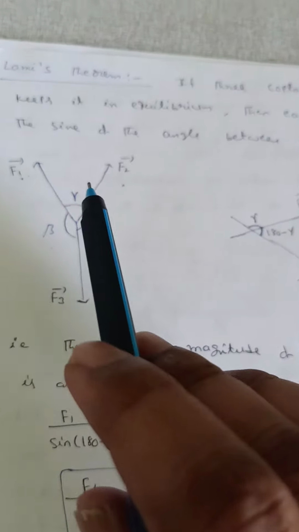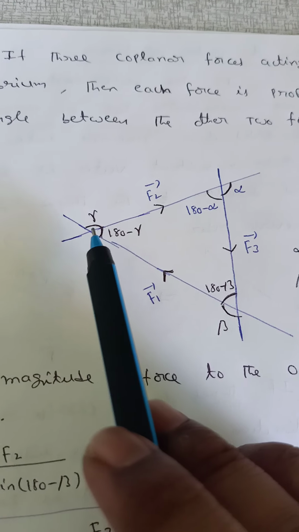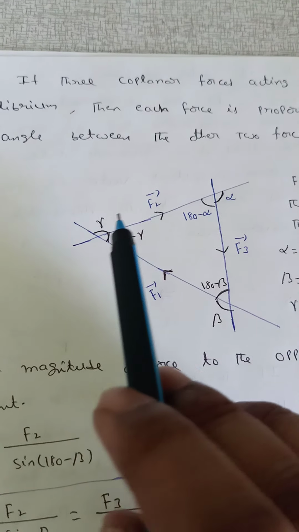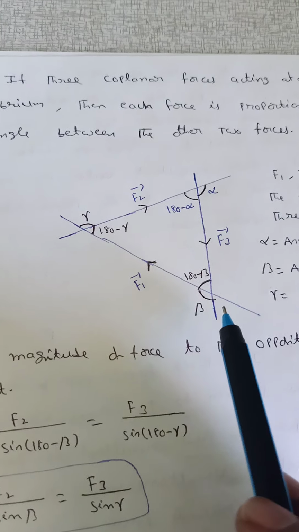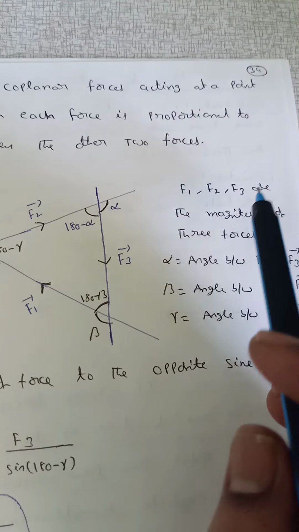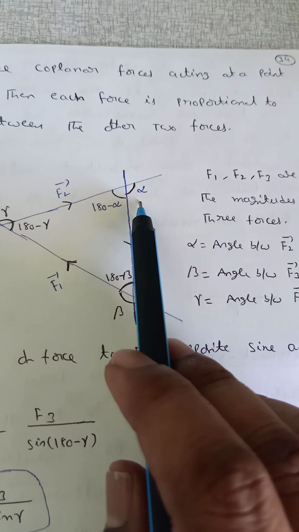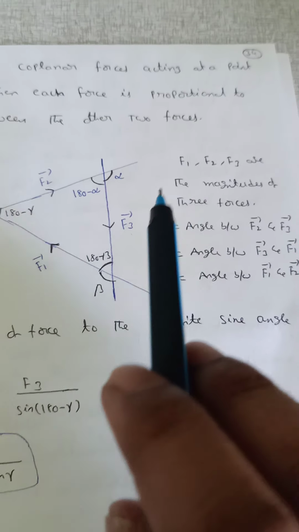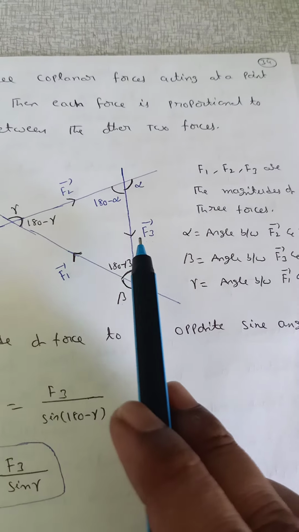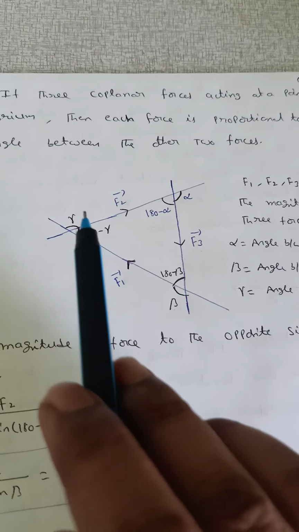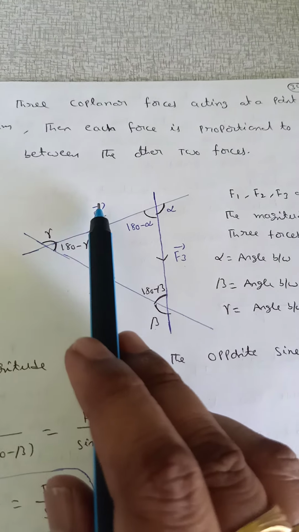These three forces form a triangle. This is F1 bar, this is F2 bar, and this is F3 bar. F1, F2, F3 are the magnitudes of the three forces, alpha is the angle between F2 and F3, beta is the angle between F3 and F1, and gamma is the angle between F1 and F2.